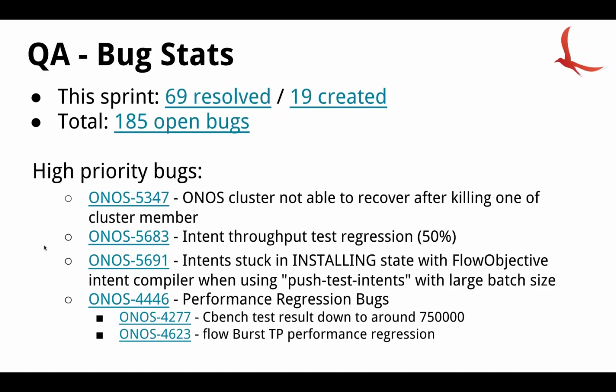Yeah, also 5691, I would say, because flow objectives are used. Yes, I think there are going to be more bugs. We probably shouldn't talk about them specifically here. We should just make sure that we schedule a bug scrub, and then we can discuss them in more detail then.